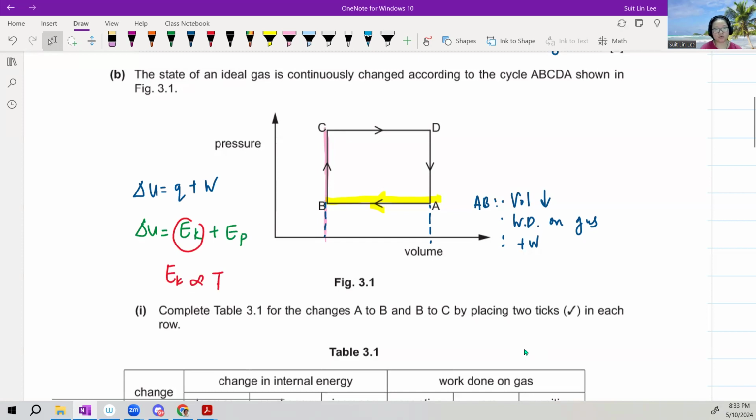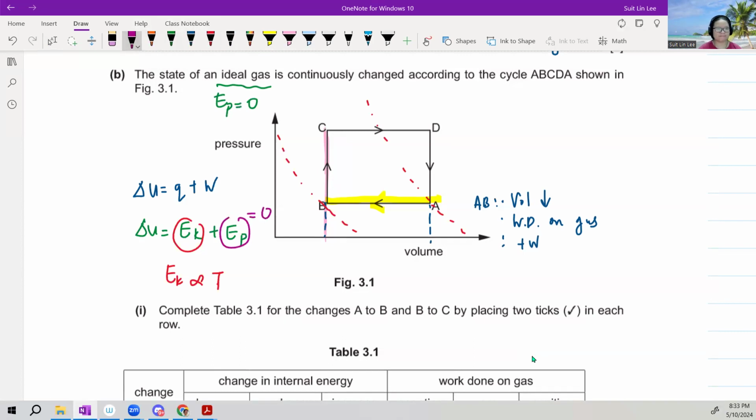So to know whether when we move from A to B there's a change in internal energy, because this is ideal gas, potential energy is 0. So right now, when I decrease the volume of the gas, the temperature decreases. So from AB, not just volume decrease, temperature also decrease.